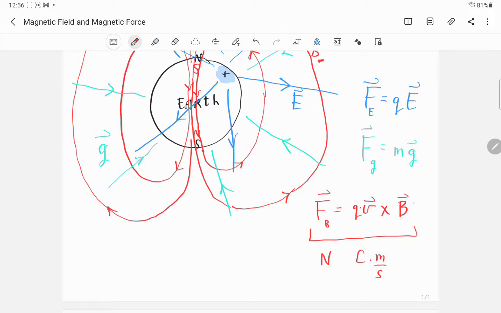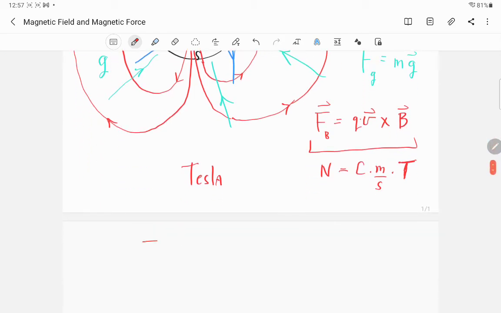And so whatever the units of the magnetic field are, they're actually symbolized by capital T. This is the SI unit of magnetic field strength. It's referred to as the Tesla. And the Tesla times the meter per second times the coulomb is the Newton. That's the SI unit.